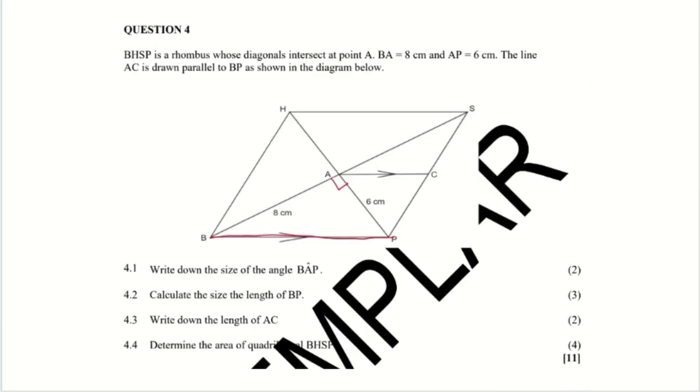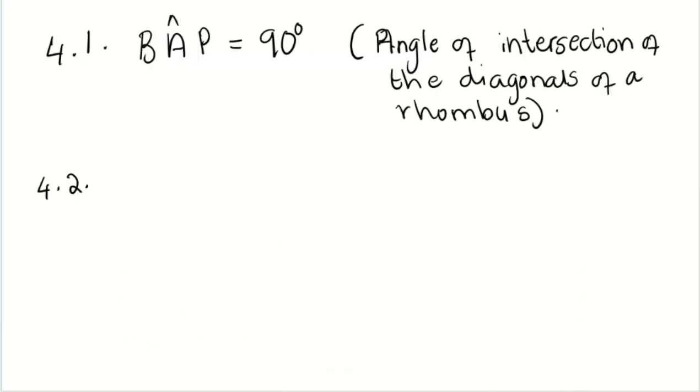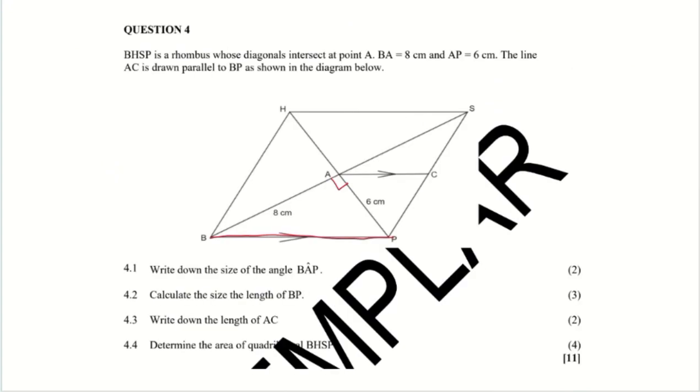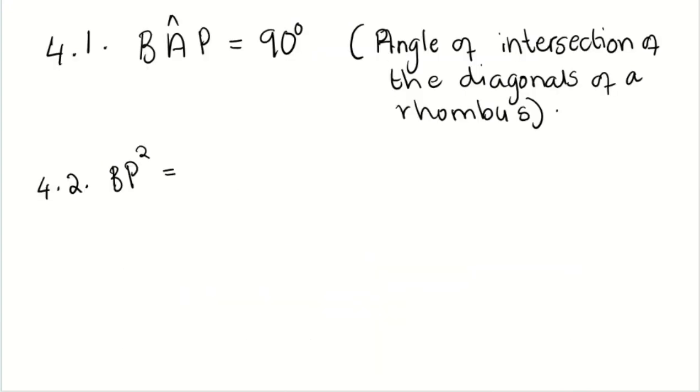We're going to say BP squared is equal to, what are the two sides that we're given? We're given AB and AP. BP squared is equal to AP squared plus AB squared, right? Then we're going to say BP is equal to the square root of, what is our AP?